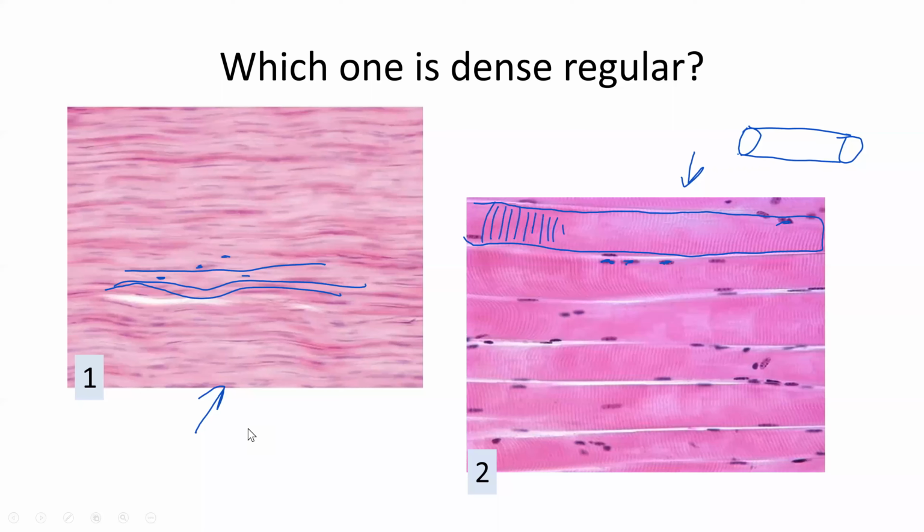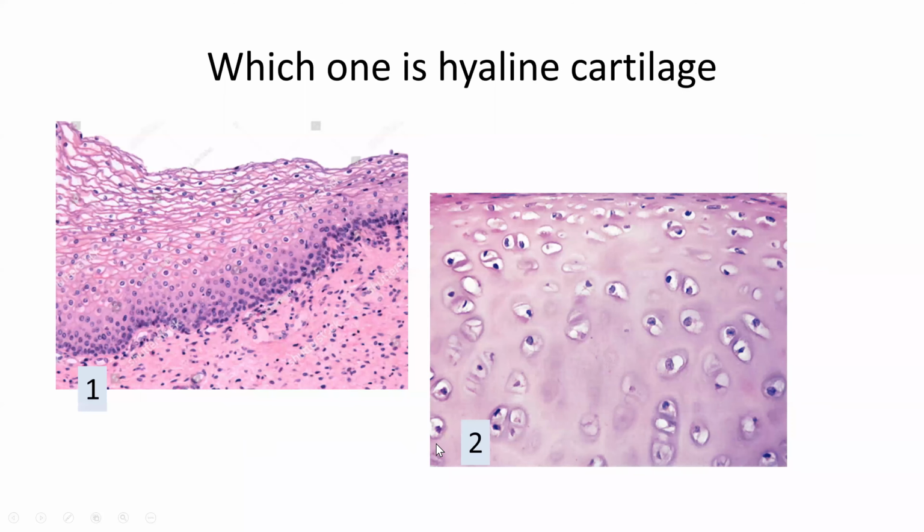Next little quiz. Which one is hyaline cartilage? So what do you think? Well, what are the similarities? This looks like little eyes, right? And this looks like little eyes, but this one is stratified squamous. Here's our basement membrane. Here are our columnar cells in the basal part. And here are our squamous cells close to each other.